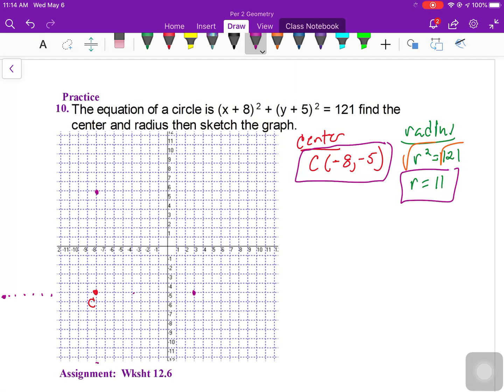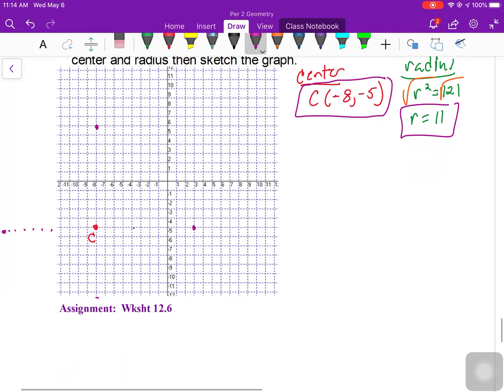Way over here. And then we're going to go down 11. 1, 2, 3, 4, 5, 6, 7, 8, 9, 10, 11. Again, when it goes off the graph, you simply extend your graph to make it fit. So you don't give up and you don't just say it's not possible.